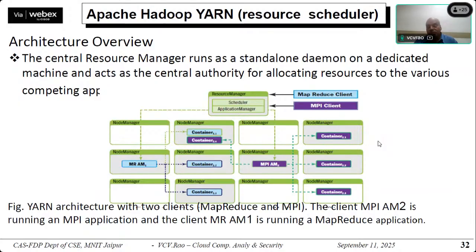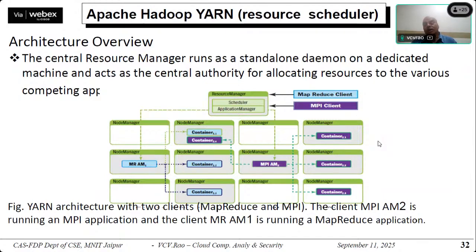Now today, if you look at the YARN file system, it is not fully POSIX compliant, whereas in high performance computing, most of the file systems are POSIX compliant, what we call a parallel file system or general file system. Now, MapReduce and MPI can both be integrated, and the node manager can run both things.